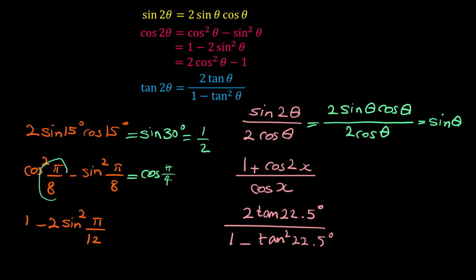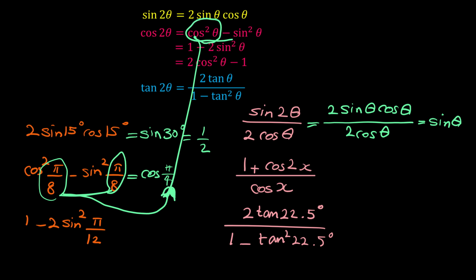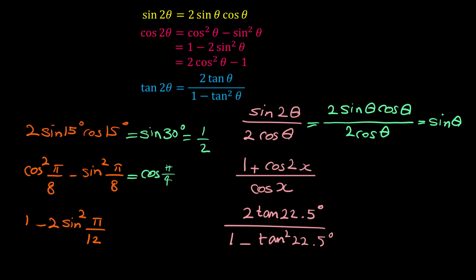Again, attention, these angles are doubled here. Cosine to the 2 theta minus sine to the 2 theta is cosine of 2 theta, double of the angle. Now if you remember from special triangles, cosine of pi over 4 and also sine of pi over 4 is equal to 1 over radical 2.